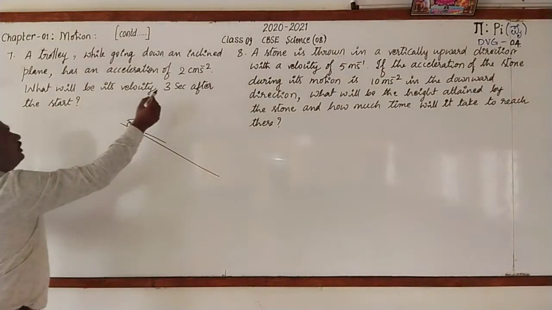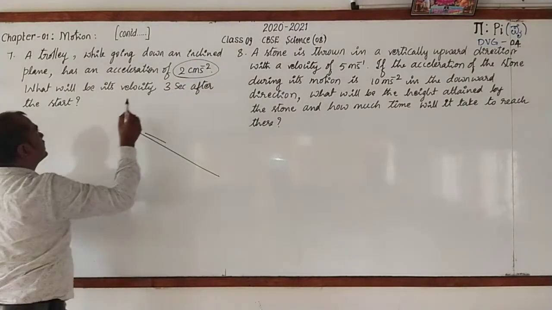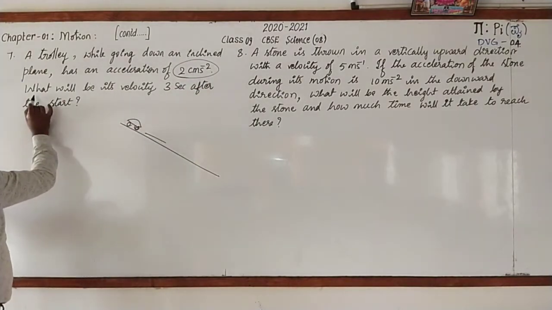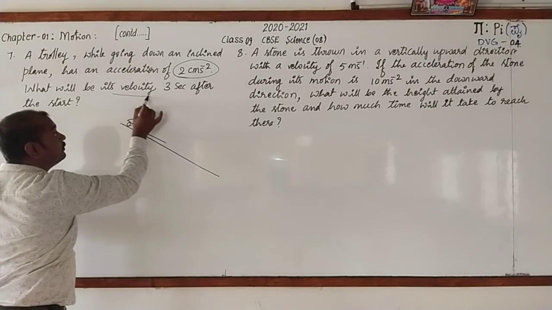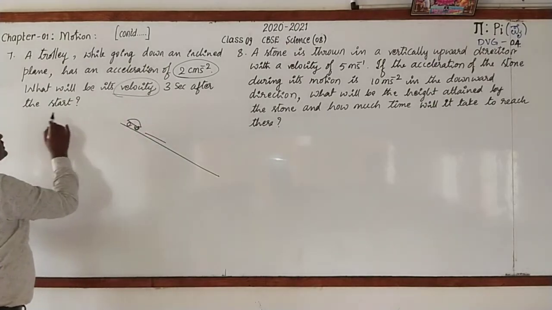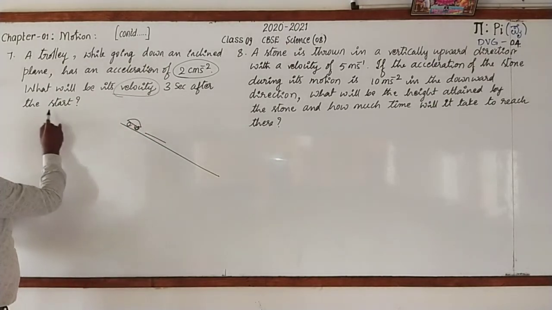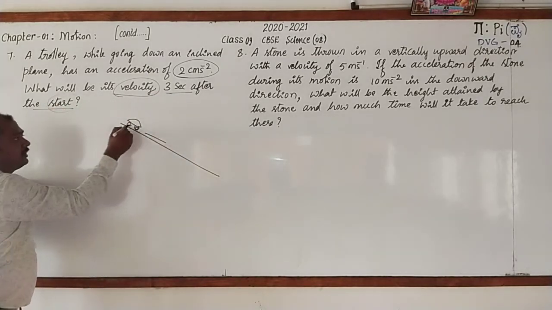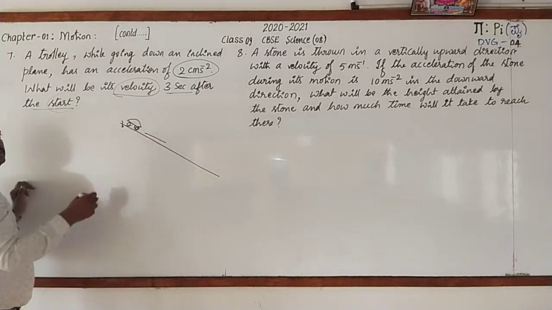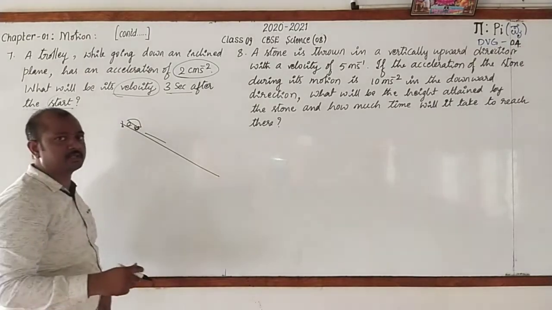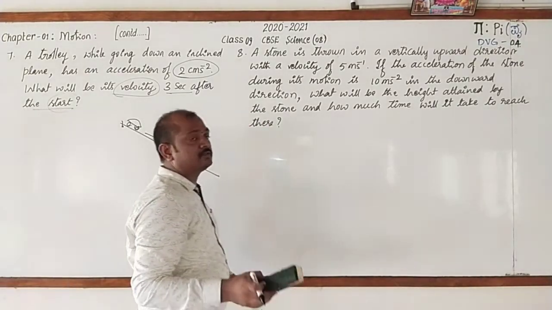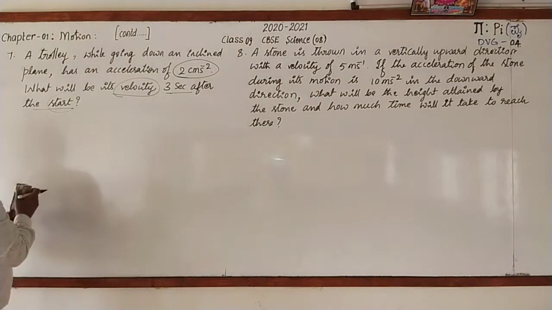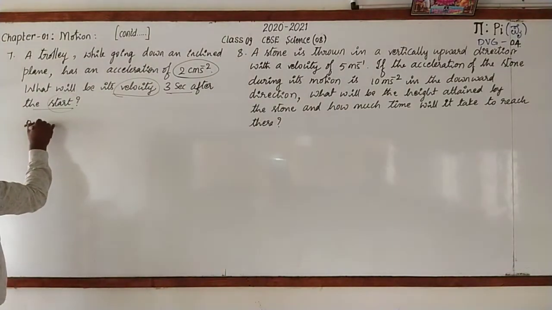So now it is 2 centimeter per second square, that is the acceleration. What will be its velocity 3 seconds after the start? Then that means first it was at rest. When it was at rest, what was its velocity? It is 0, right?